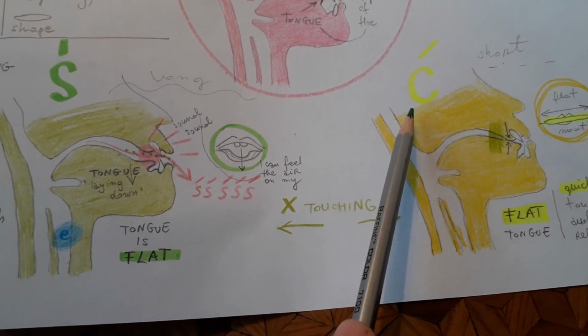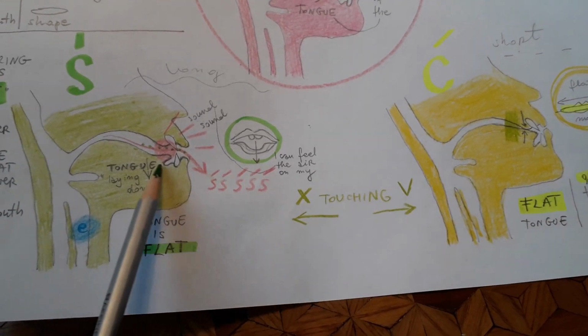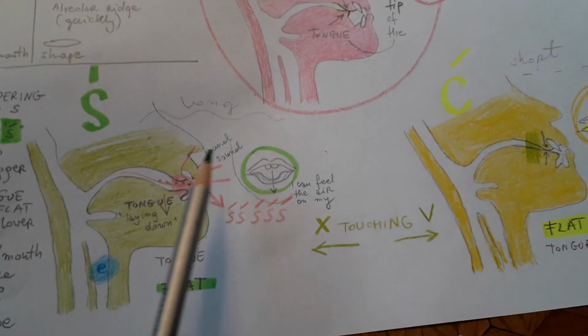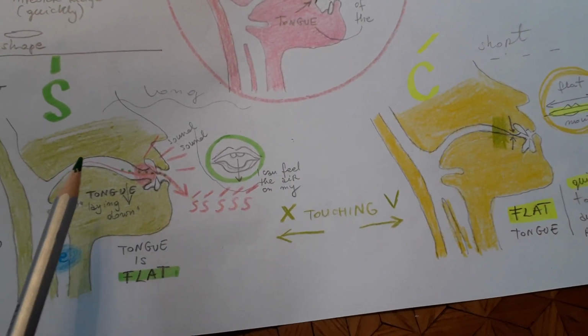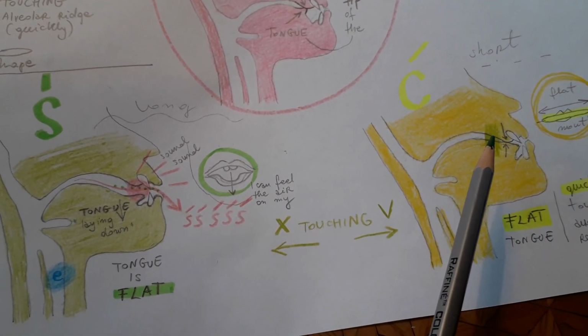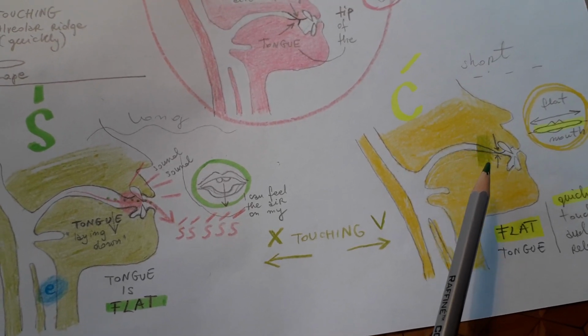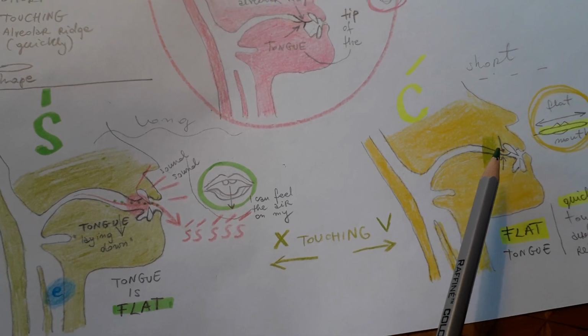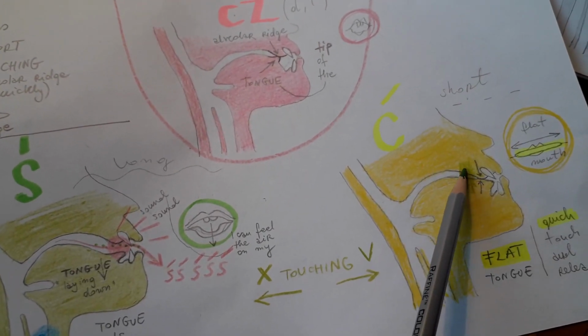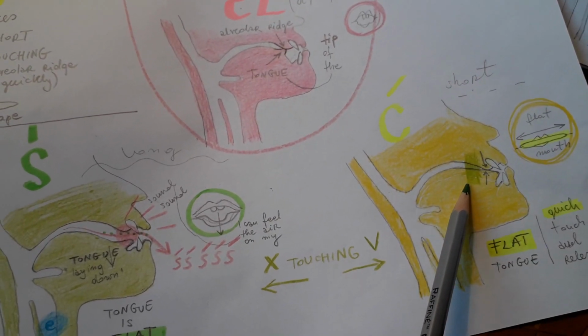Comparing it to ć would be here, no touching, touching. Yeah? Ś, ć, ć, ć. And these touches are very short. And as I said, here in the front of the palate.